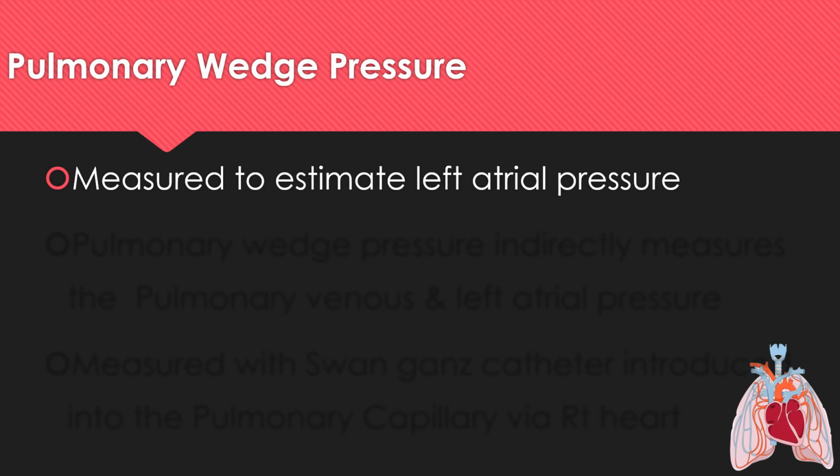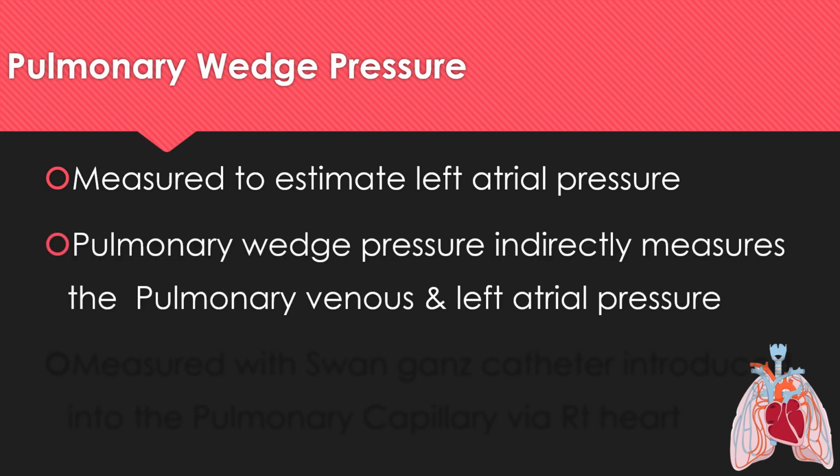So this pulmonary wedge pressure is measured by inserting a balloon tipped catheter through the right side of the heart and then into the pulmonary artery, until the catheter wedges slightly within a smaller branch of the artery, and that may stop the blood flow.